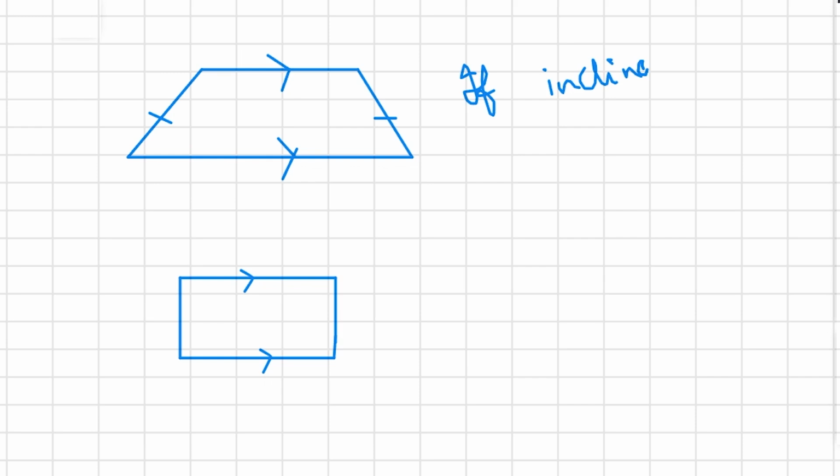But one of the sides is congruent, so how is it still? We don't care about that. The definition of trapezium is that one pair of sides should be parallel. We don't talk about anything else. The other sides may or may not be equal. Even if they are not equal, the shape is still a trapezium.